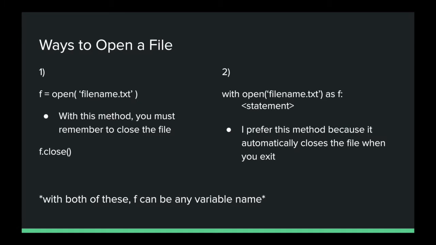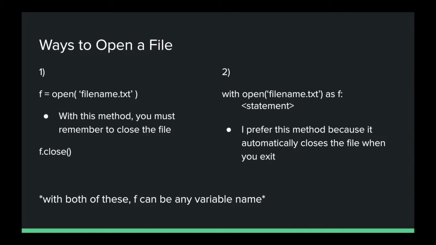The first one is using the open command with the file name inside the parentheses and then storing that in a variable. That f can be any name, but f stands for file, so people usually use that. But in this method, you have to remember to close the file. After you're done using the file, you need to remember to use the function f.close, or else that can mess up what you're trying to do with the file.